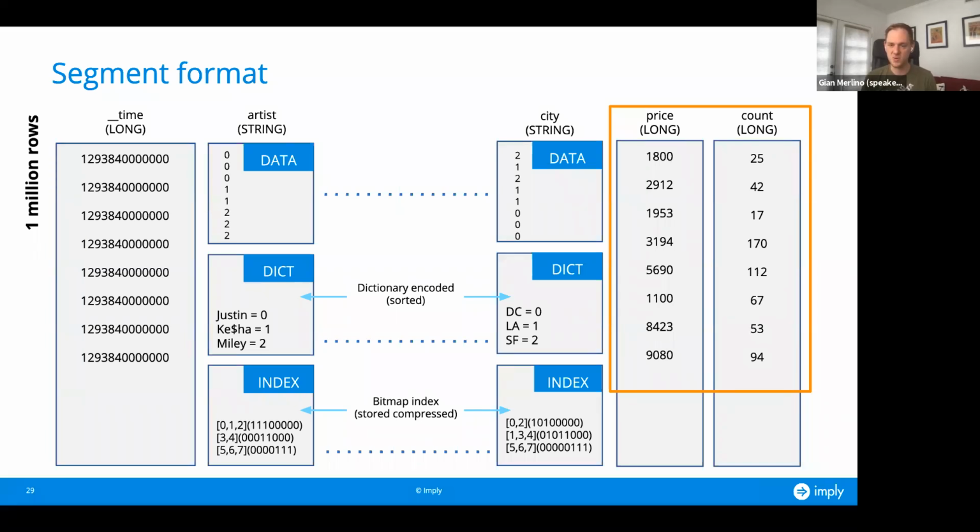They're going to be stored. Just one note here, this stuff is, of course, not stored literally like this. The way we store each of the data sections for each of these segments is specific to that data format. So for a long column, what we're going to do is analyze the value distribution in the long column. If they're totally random and use all the way up to 64 bits, then we'll just store them as is.